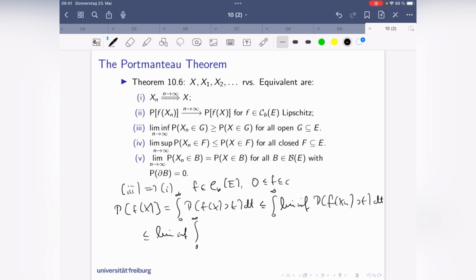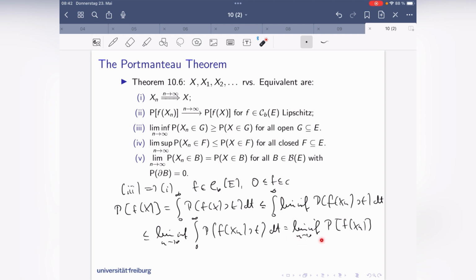So n goes to infinity, pi f of xn bigger than t dt. And this here is, as before, the integral of pi with respect to f of xn, n goes to infinity. And I'm not done yet, because I've only shown that the lim inf here is bigger or equal to this here.